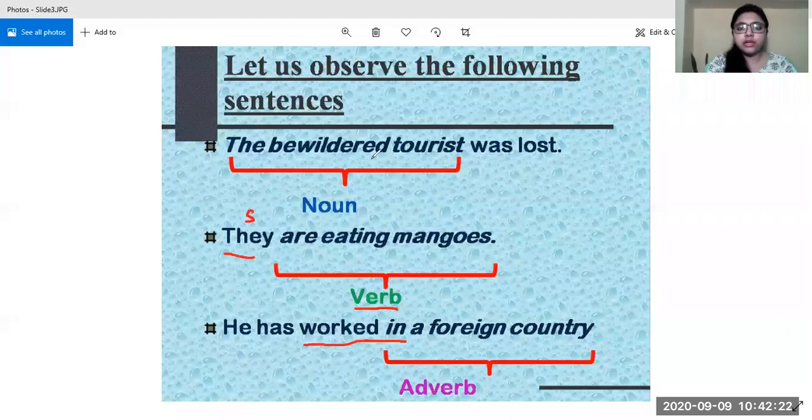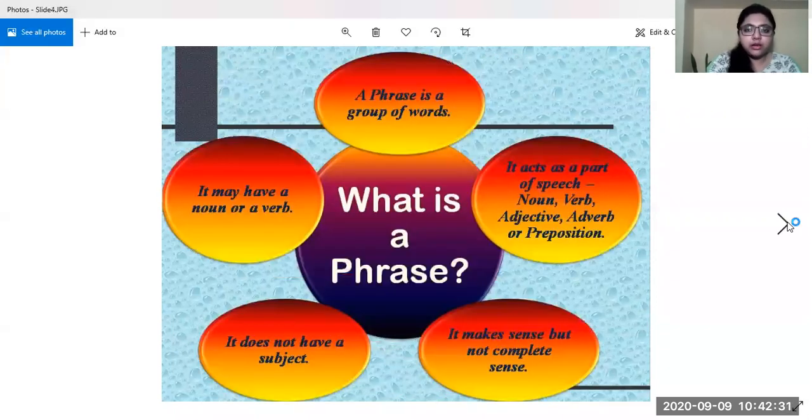So now what can we derive as the definition of the phrase? The definition of the phrase can be seen in these five parts. What is a phrase? It is a group of words, first of all.